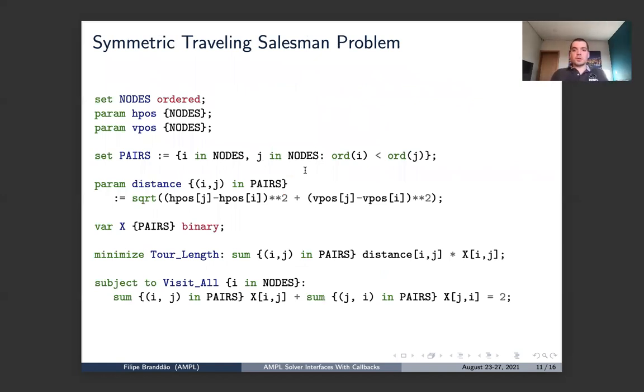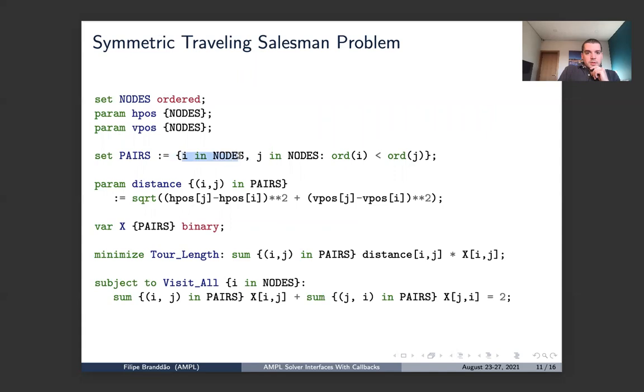Let's see a different formulation that will also help to show additional AMPL syntax. We are going to have an ordered set in this case, and we are going to have parameters for the coordinates. And instead of having arcs between nodes, we are going to have edges. So it will not be a directed graph anymore because we don't have MTZ constraints.